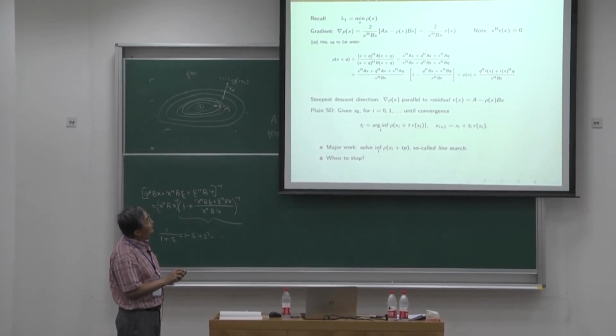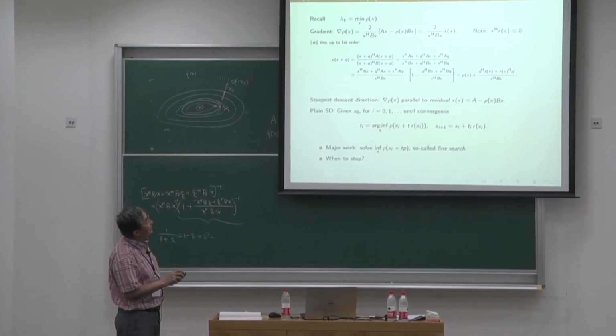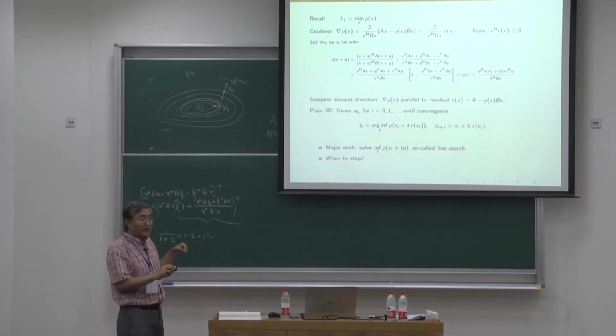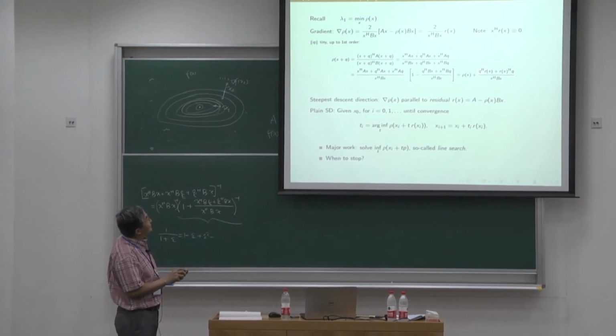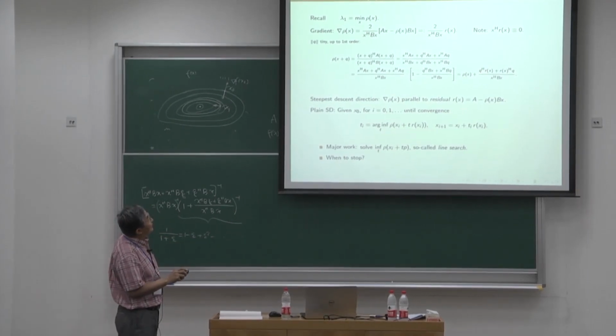For the linear term, you look at the numerator, it will be q transpose rx plus rx transpose q, and this is going to be the smallest, or maximum in a negative way, when q is in the direction of negative rx, so it becomes twice over x transpose Bx times rx.